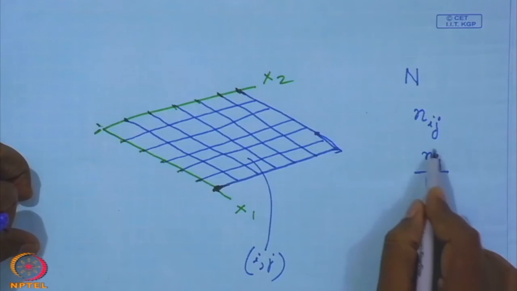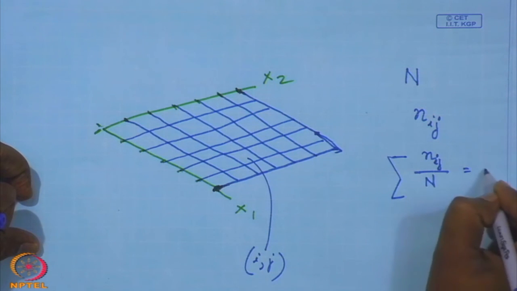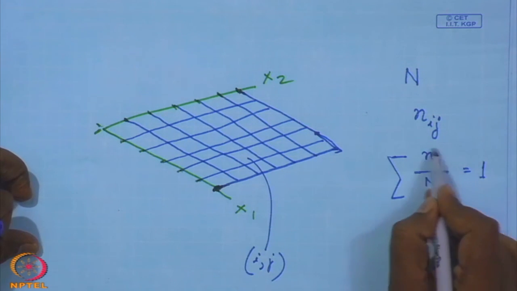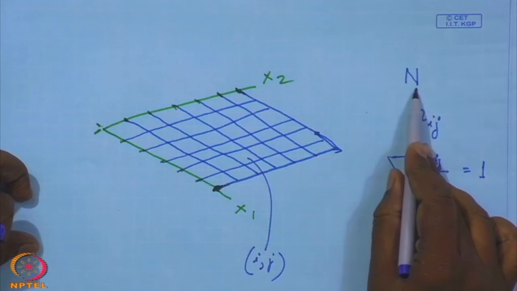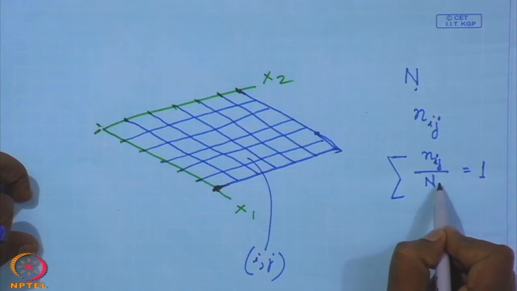If this probability density estimate is an approximation of a continuous probability density function, then the volume under this surface, the surface which represents the probability density function, has to be equal to 1. In other words, the sum of this has to be equal to 1, which is obviously true, because n_ij is the number of samples out of this N which fall in the ijth bin, and N is the total number of samples.